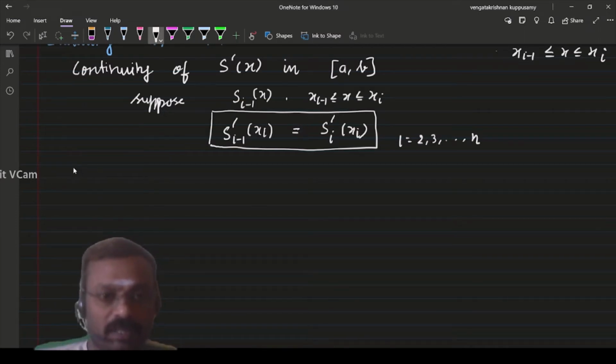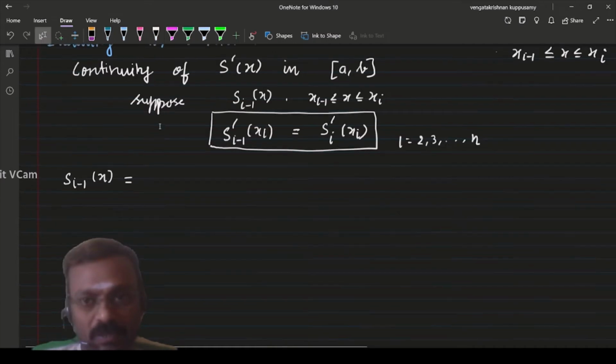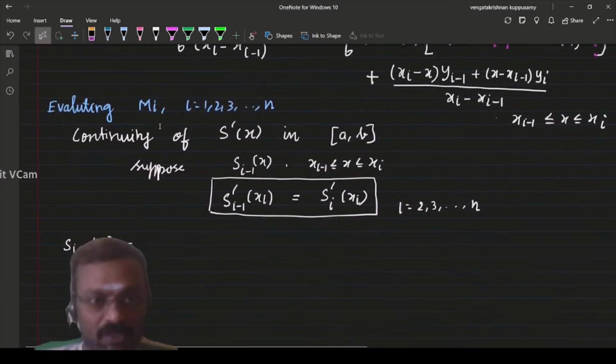So first suppose s_{i-1}'(x_i). For that, let us write down what s_{i-1}(x) is equal to. That is s(x) in the interval x_{i-1} to x_i, so it is the same function.